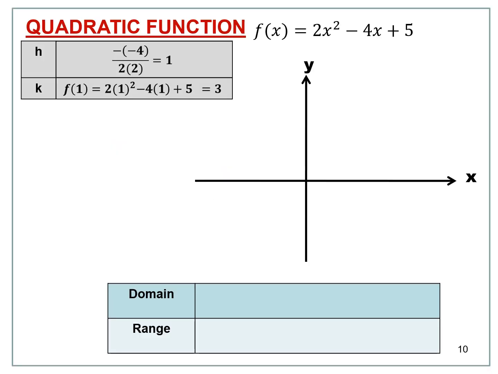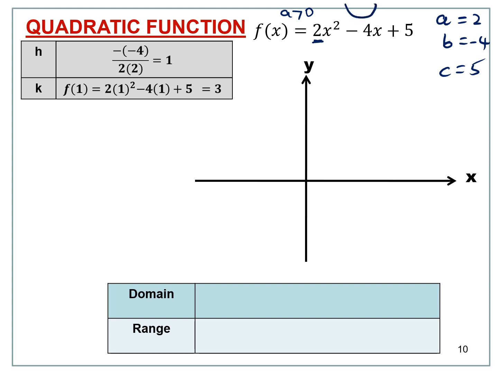Okay, we try this example. f(x) equals 2x squared minus 4x plus 5. For this question, we take out what is a. a is 2, b is -4, c is 5. And at this time, we know that a is positive, greater than 0, so your graph should have a minimum.